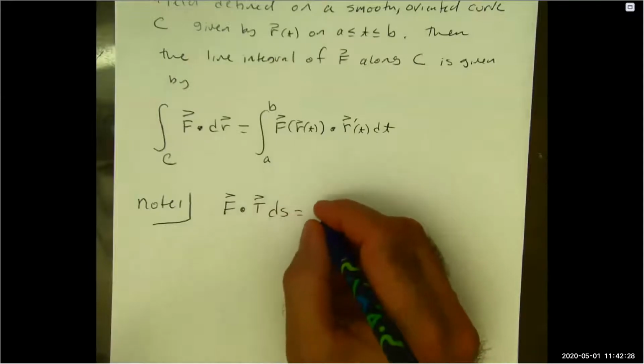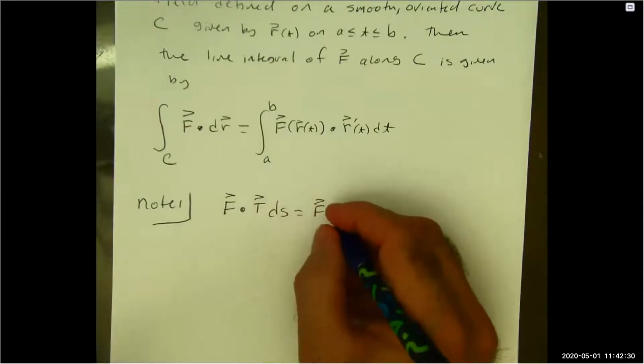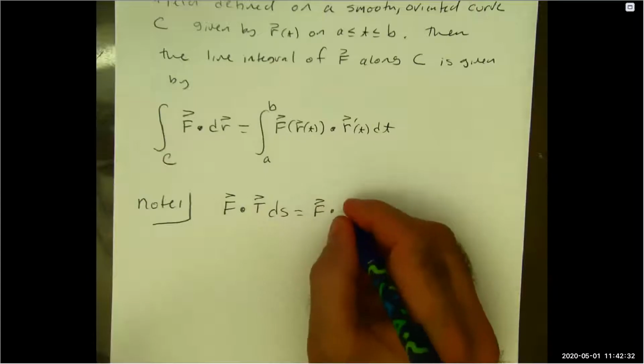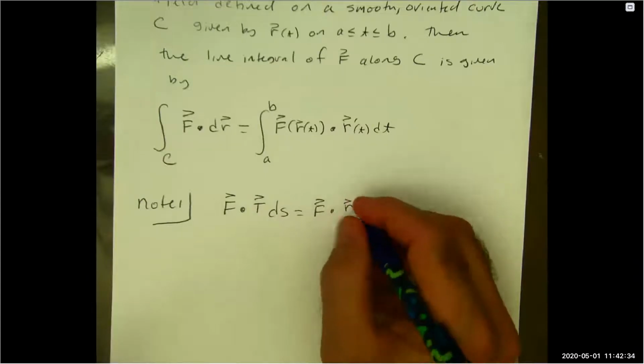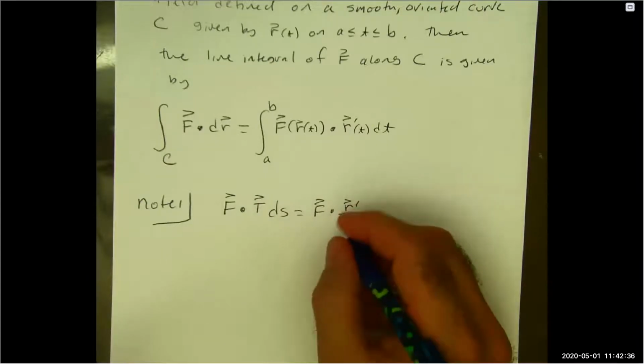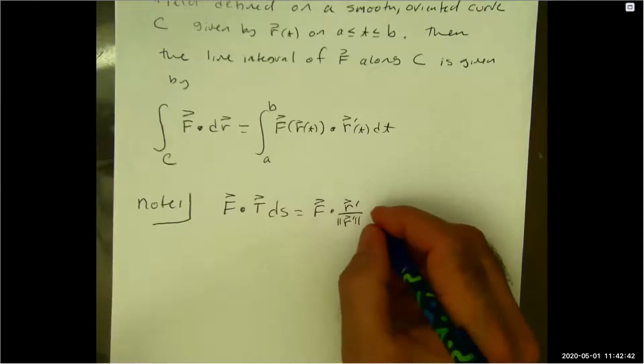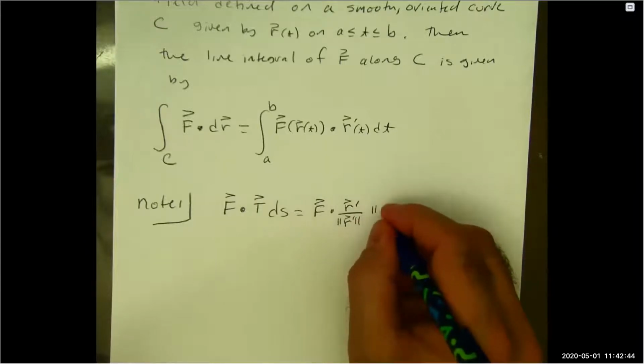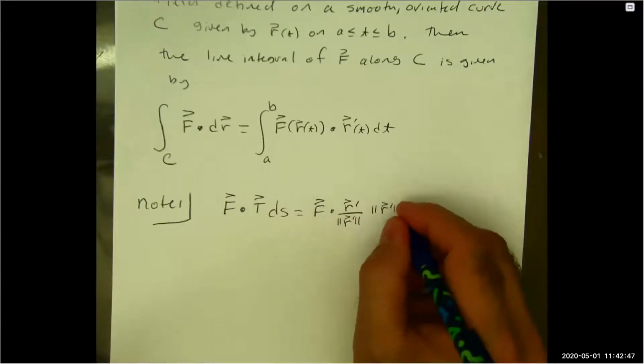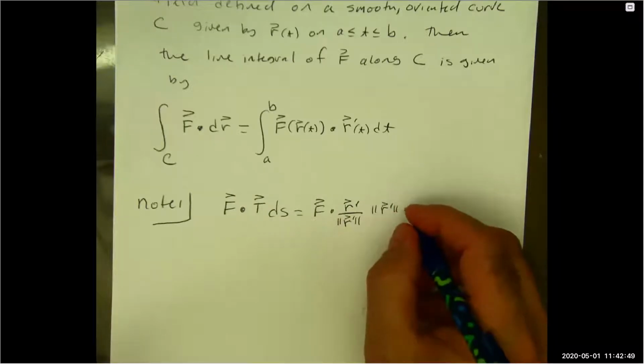This is the same thing as F dotted with r prime divided by the magnitude of r prime. Remember that was the unit tangent. And then the ds, remember, is the magnitude of r prime times dt.